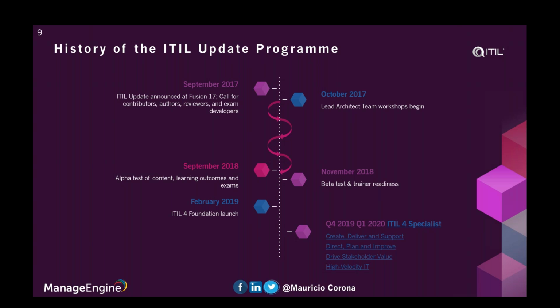Right now, you can see that there are 4 specialist books, and there is one more to come. So there are going to be 7 books: the foundation, the one that you are seeing, the CDS, DPI, DSB, and high velocity, HVIT. Those are the acronyms for every single one. We launched those books at the end of 2019 and early 2020.